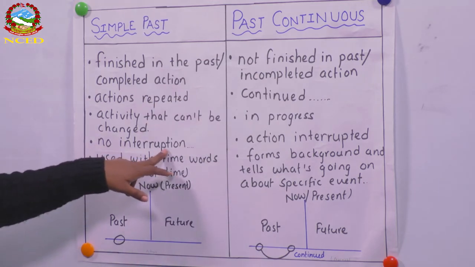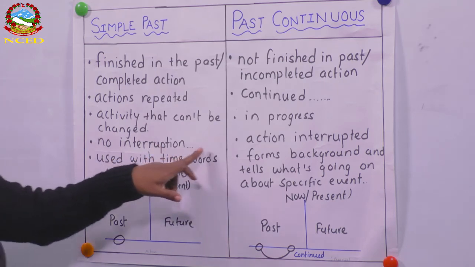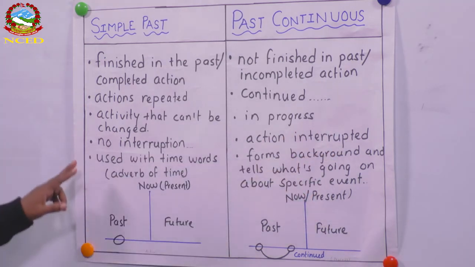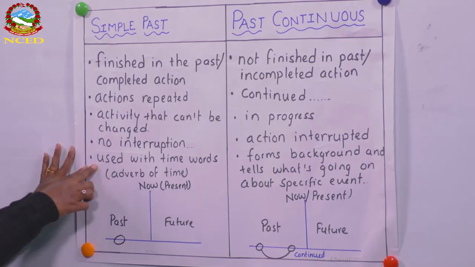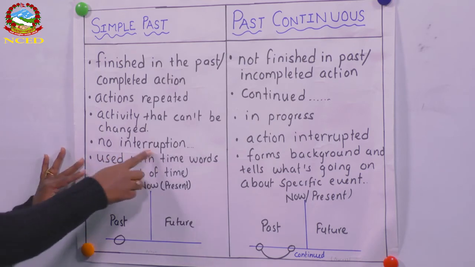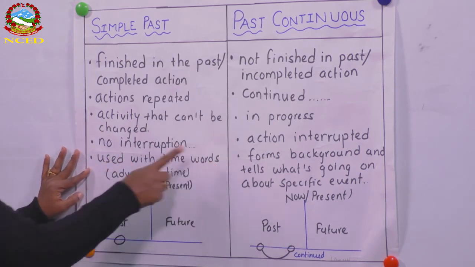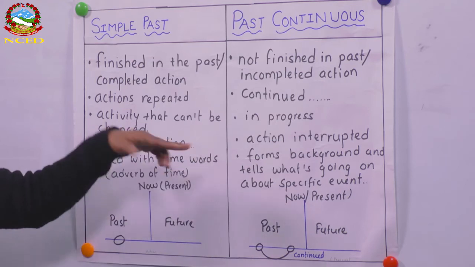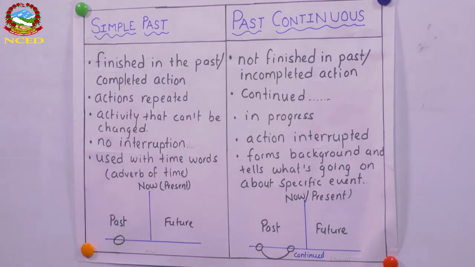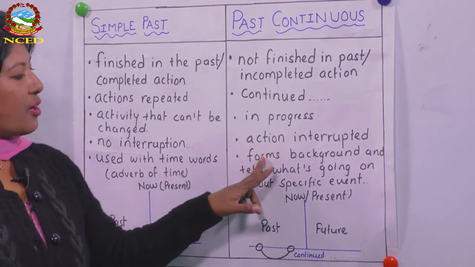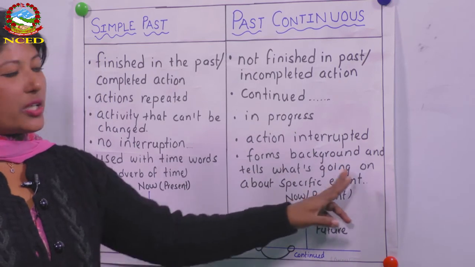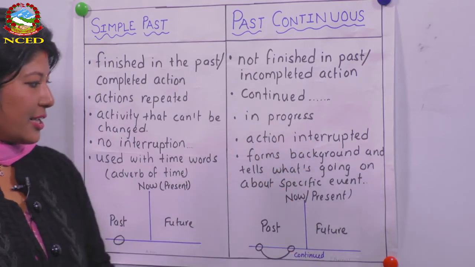There is no interruption in past tense, but action is interrupted in past continuous. Next point, used with time words like yesterday, a year ago, right? Adverbs of time, as we discussed before. And another point is background and tells what's going on. So it gives more background information.